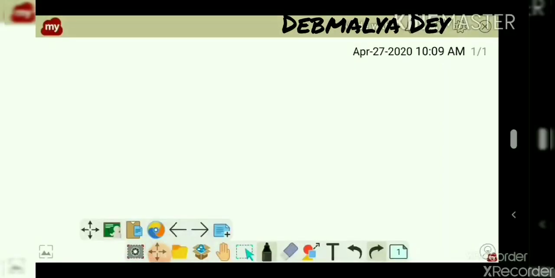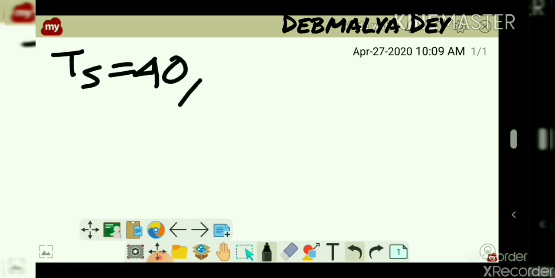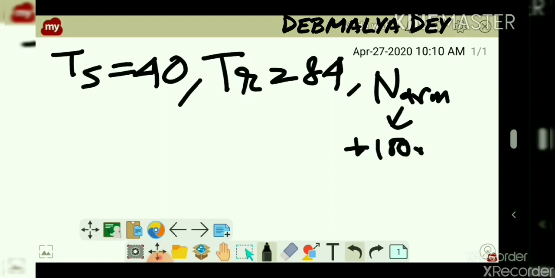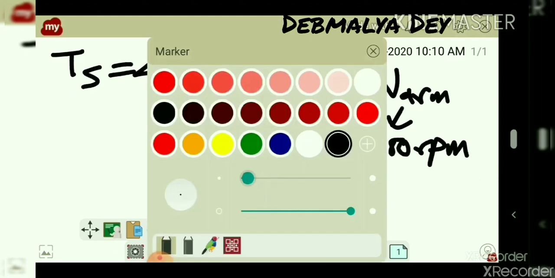So in the solution, first we will write the data which is given in the problem. That is TS is 40, TR is 84, and N of arm is given as plus 100 rpm. Nothing is mentioned in the question, so we will consider it as clockwise.